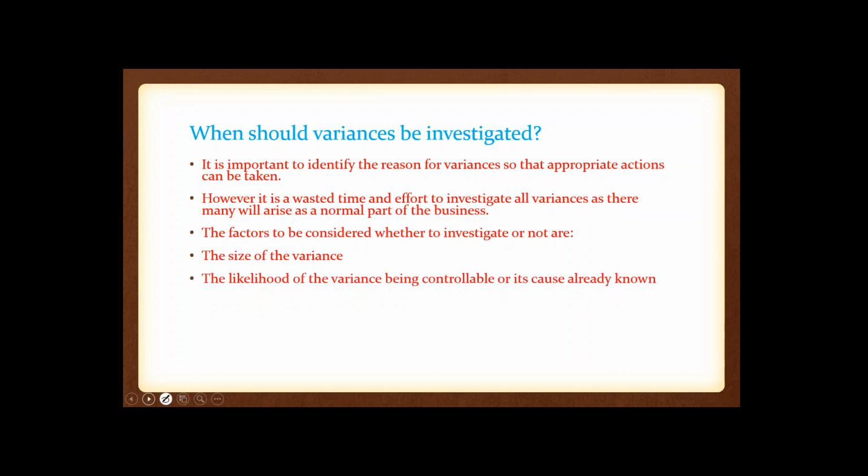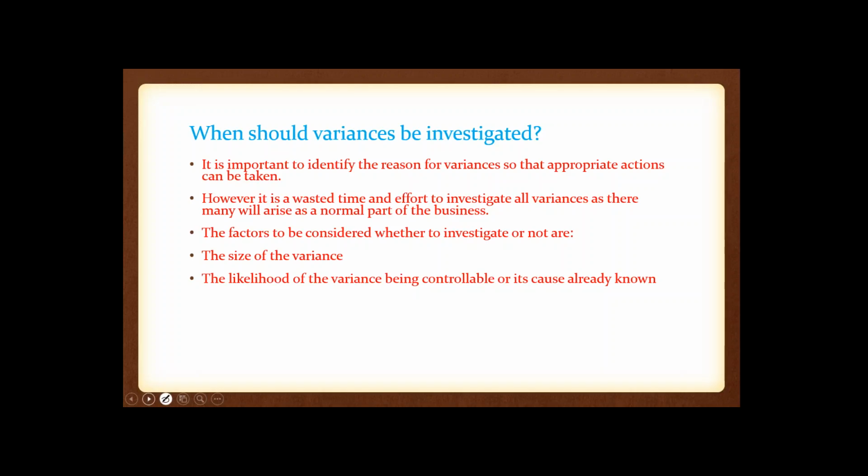Then the likelihood that the variance is controllable or its cause already known. If we know the reason for the variance and we know it has happened purely because of this, that and the other, and we know that it's not going to happen in the future, then no need to worry about it. If it is controllable, that means we have control over the variance, so we don't need to worry about it.